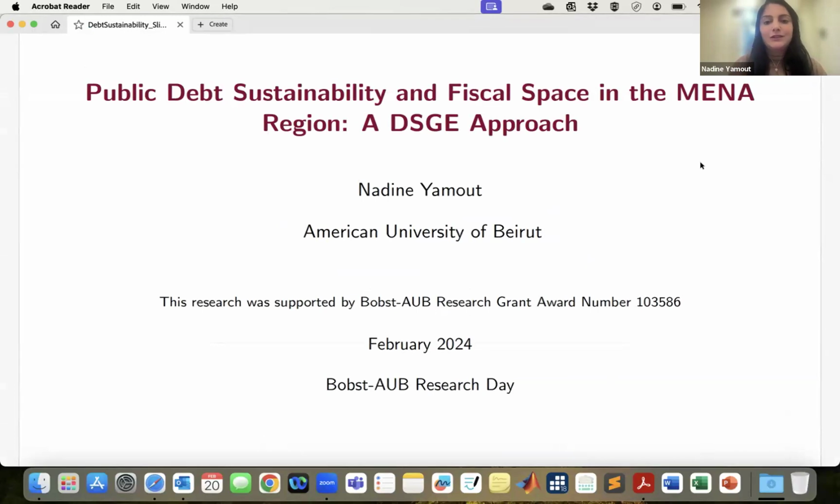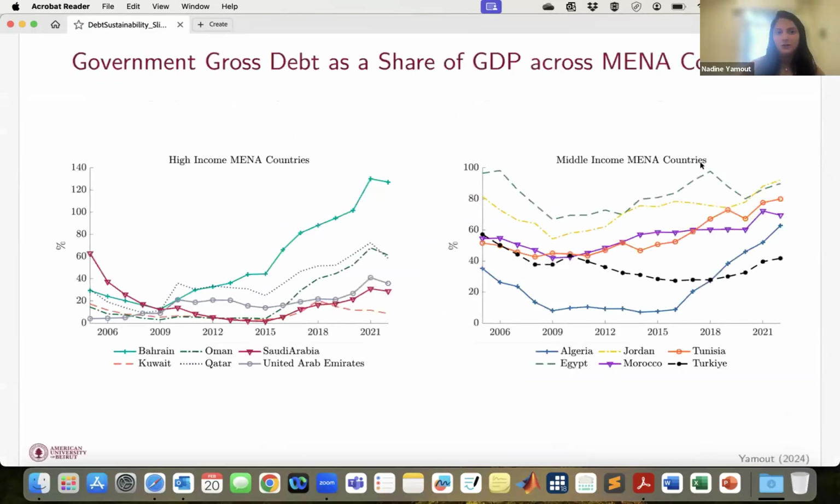To give you a brief idea of what the motivation is, it's the fact that government gross debt as a share of GDP in the MENA region has been on an upward trend since the past decade. This is due to multiple reasons, including all the socioeconomic and political shocks that this region has been facing, especially in middle-income MENA countries.